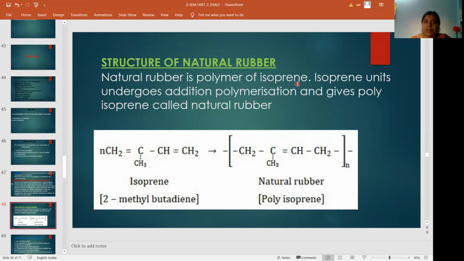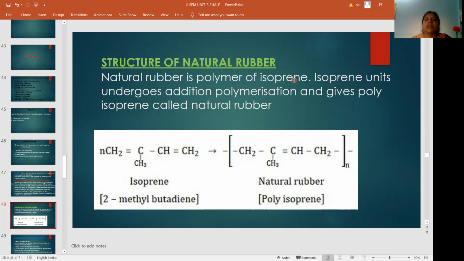That means in latex, we are saying rubber particles are present. So what are those rubber particles? Isoprene molecules. Okay. So a polymer of isoprene means polyisoprene. When you add coagulants, acetic acid or formic acid, whatever isoprene molecules are present in that latex will come together, they will join together, and you get a polymer called polyisoprene.